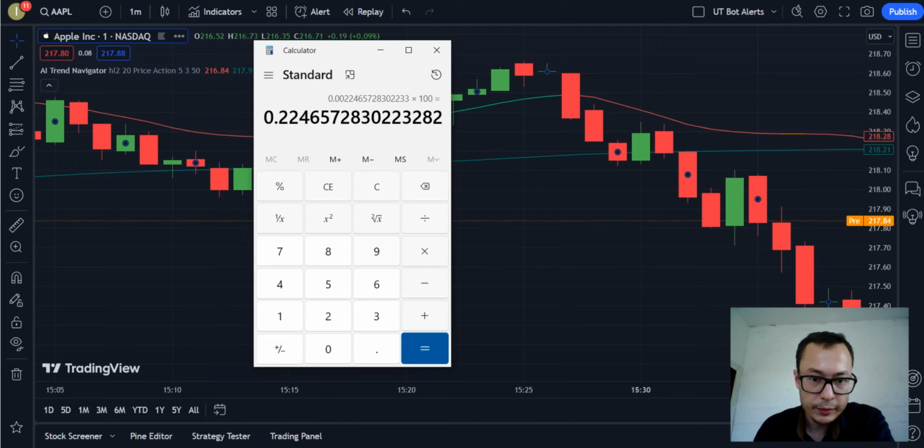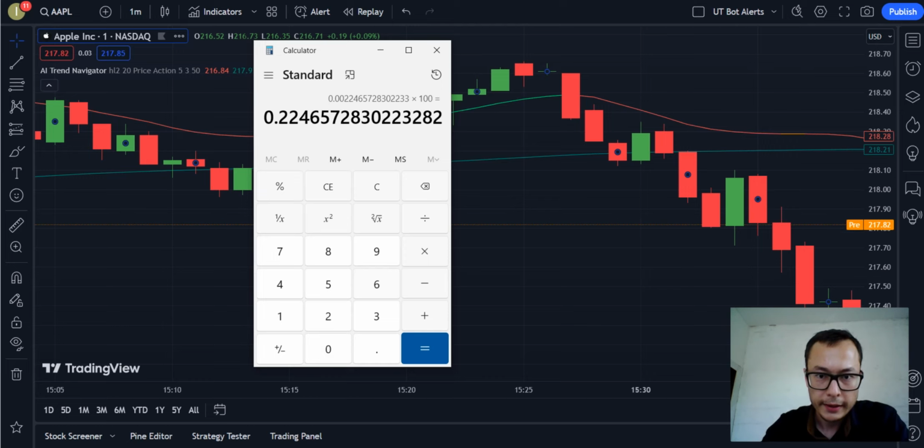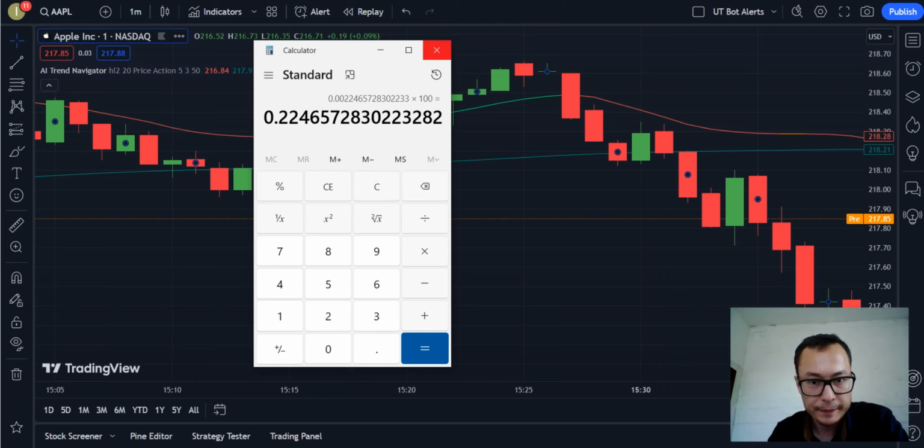So we sell it at a profit of 0.22% in terms of percentage. And in terms of dollars, it's 49 cents, or $0.49, so a 49-cent profit.